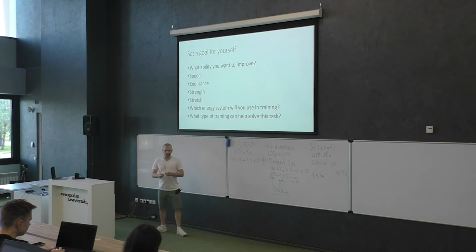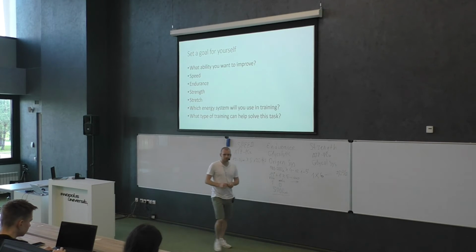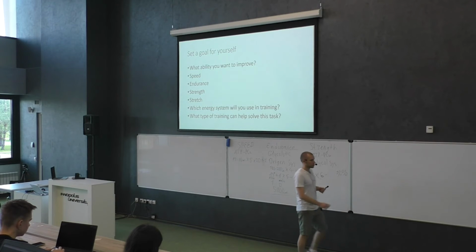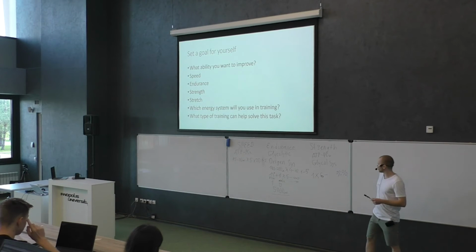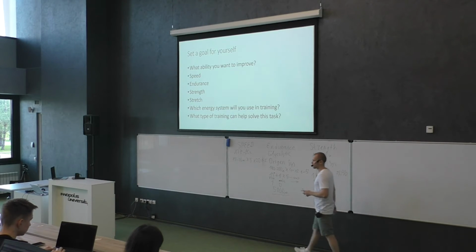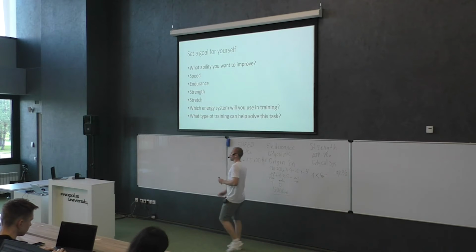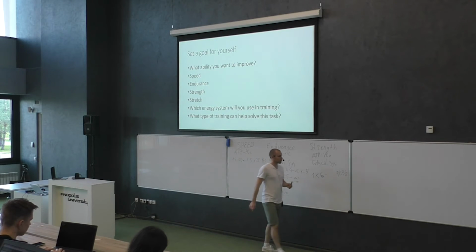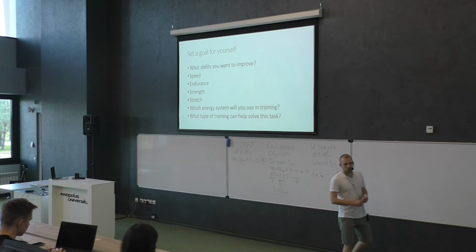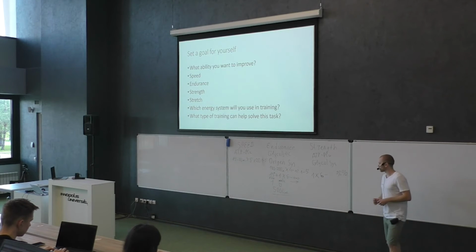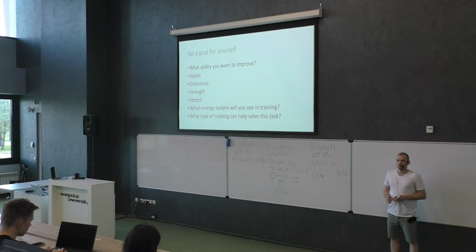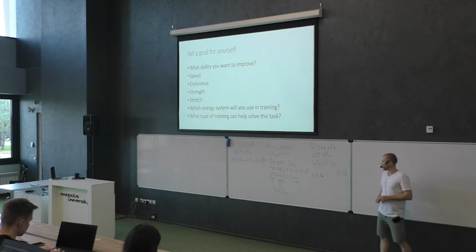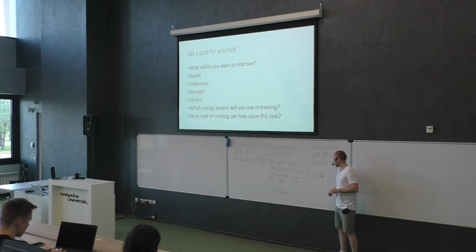Logically, you can answer me 2 minutes, because the phosphocreatine system recovers during 2 minutes. But in empirical experience, it's unreal. You need to do more. You need to have a bigger rest. It should be about 5-10 minutes.